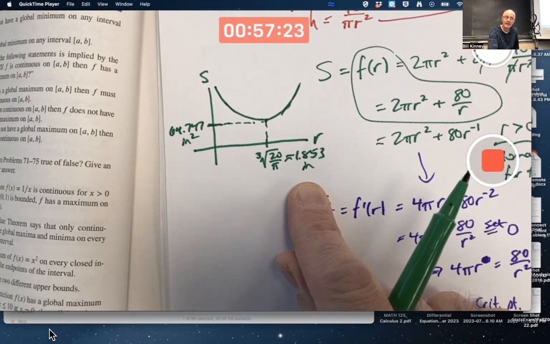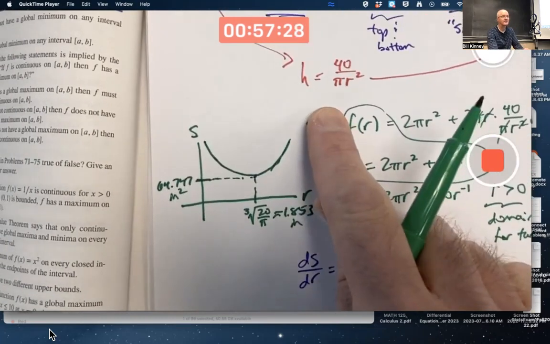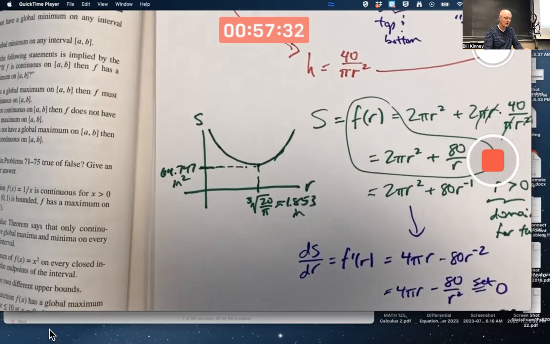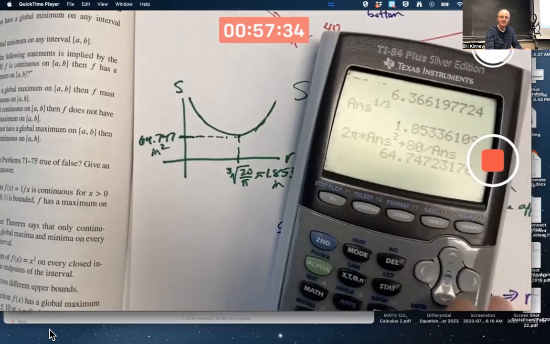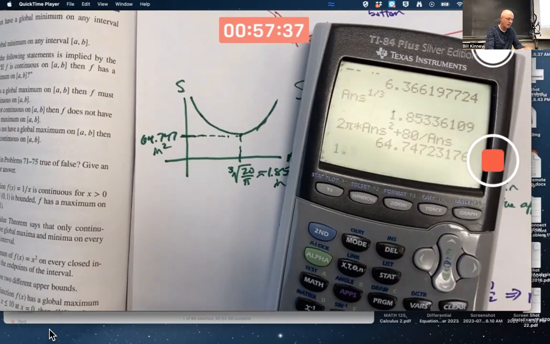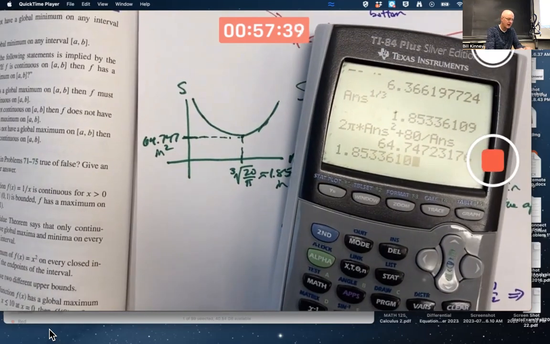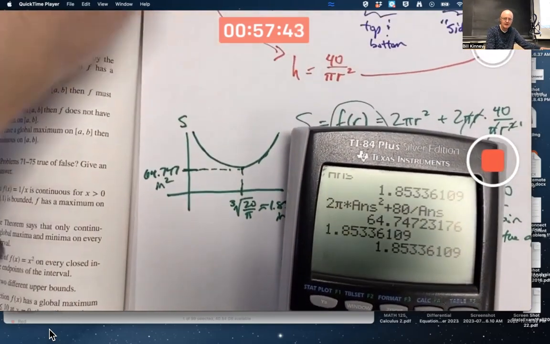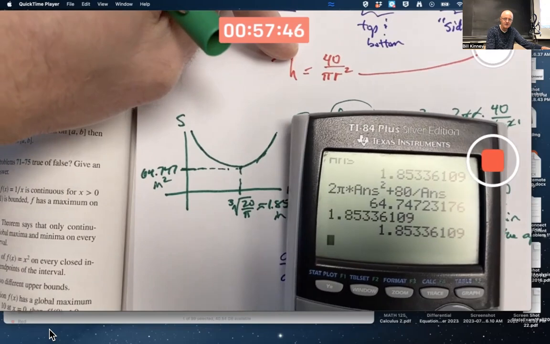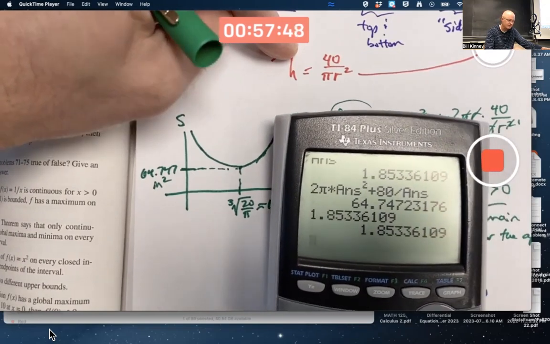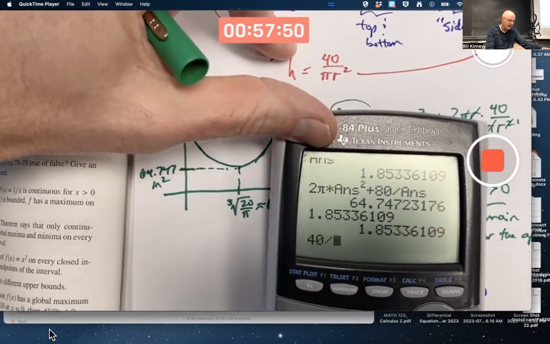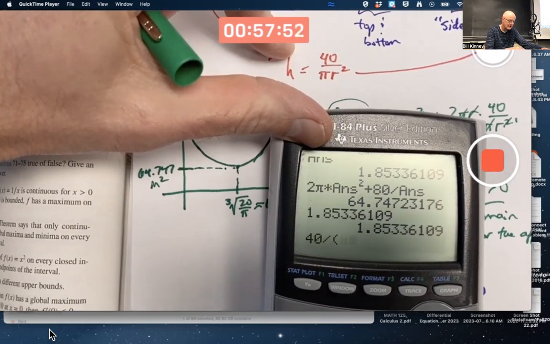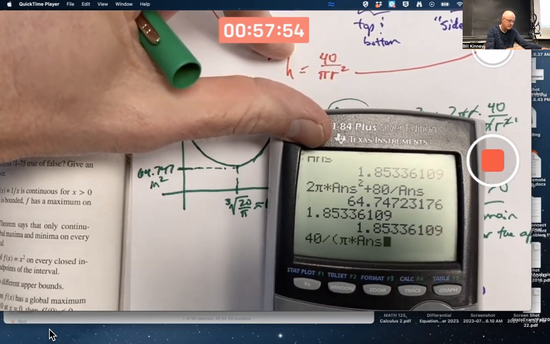I haven't figured out the height yet. How to do that? Use the constraint. So once again, take our 1.85336109 for r, now plug it into that equation to get the corresponding height. 40 divided by pi times the previous answer squared.